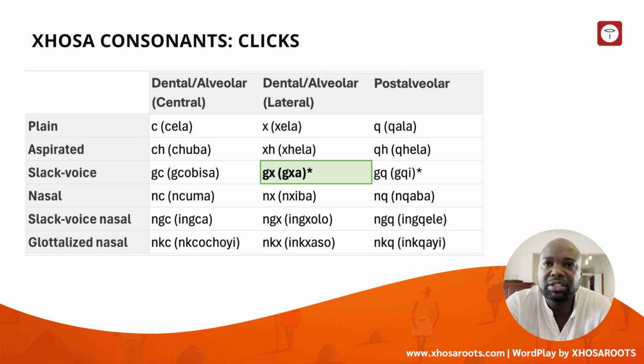Then we have the slack voice version, ka. An example is ukuthi ka. This one is an idiophone, similar to the sound that your feet make when you jump and suddenly land on the ground.